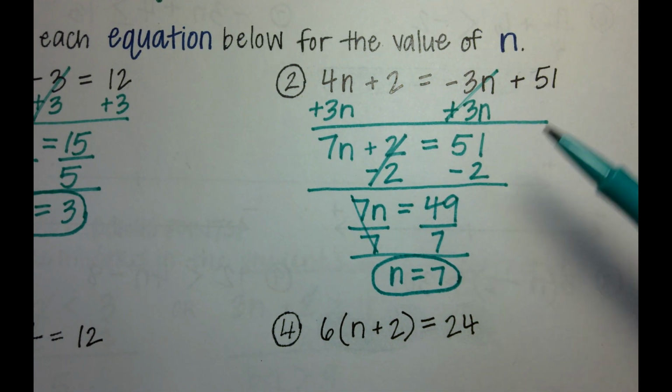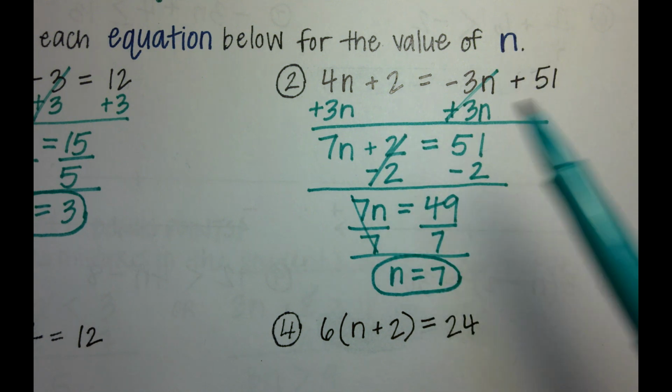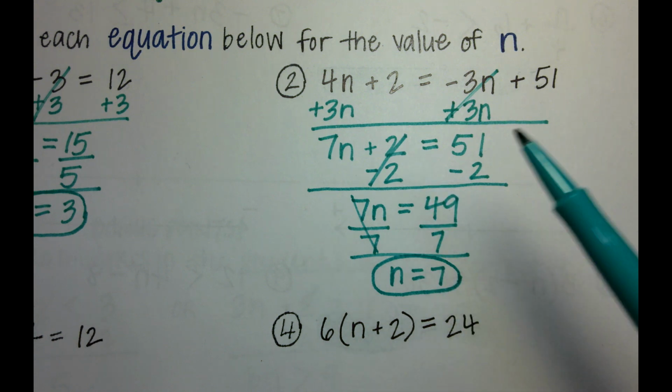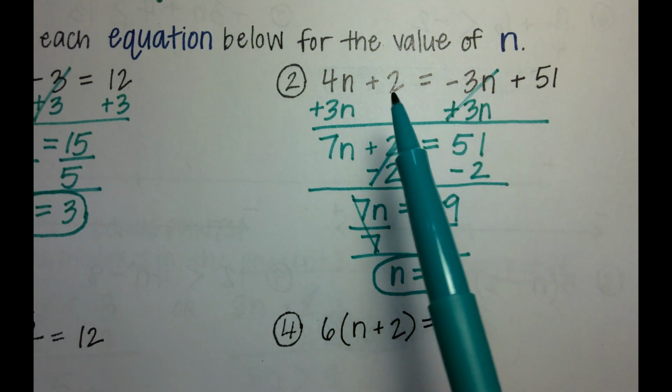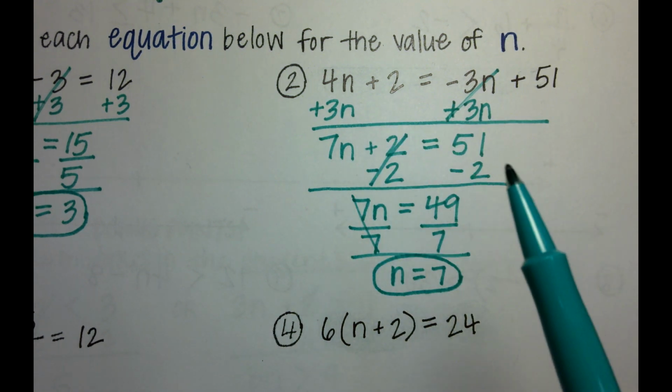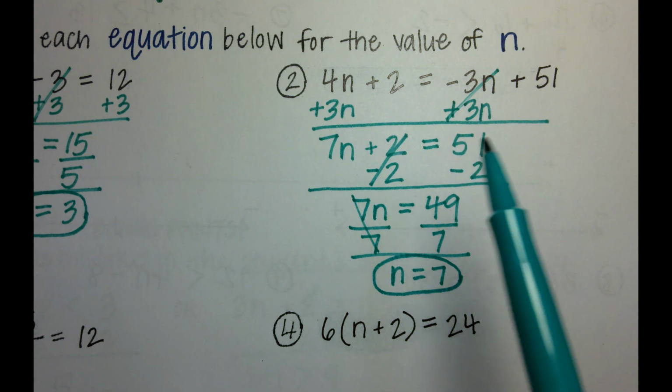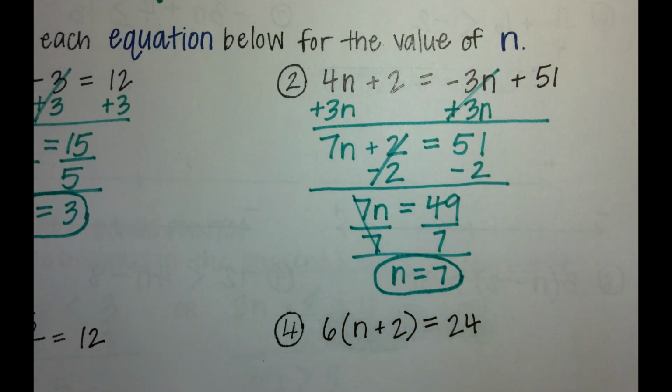All right. Any questions about number 2? There are multiple ways to solve this problem. You could start by subtracting 2 if you want to do that part first. You could subtract 4n, just know you'd have that extra step at the end.